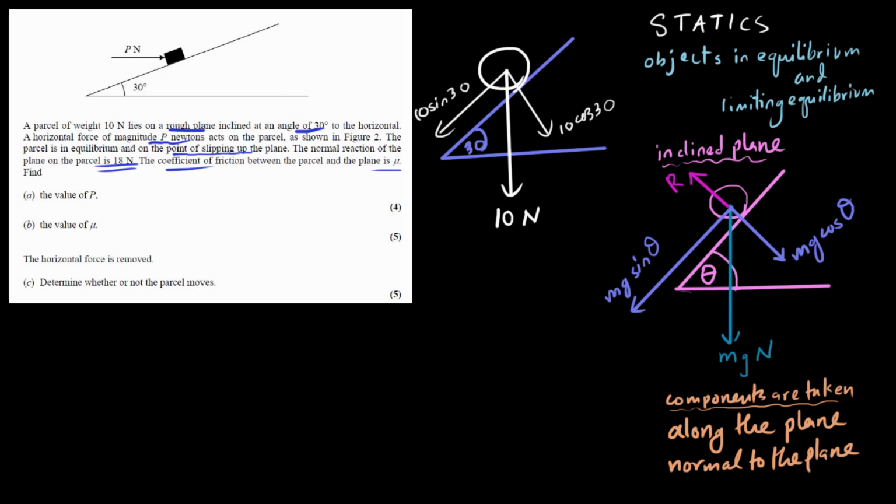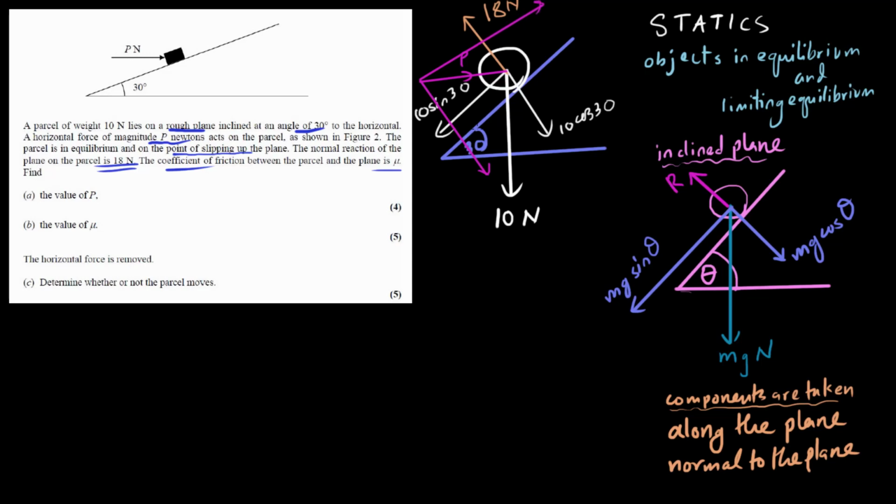Now what we know over here is the reaction force. The normal reaction force is 18 Newton, and this is given. Now we know that there is a horizontal force, and because of this horizontal force, we're going to have two components of this force, one normal to the plane, another along the plane.